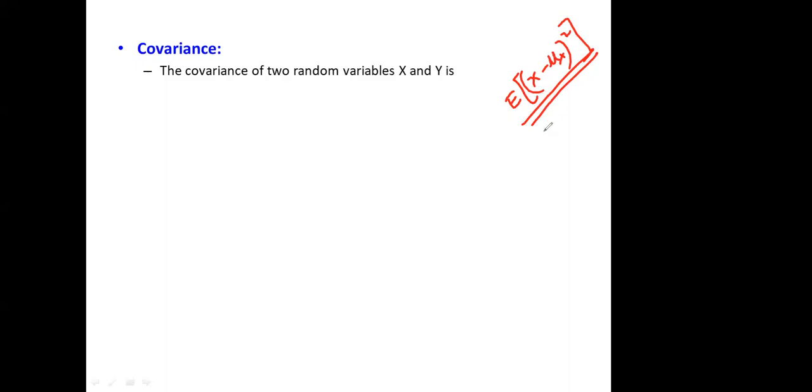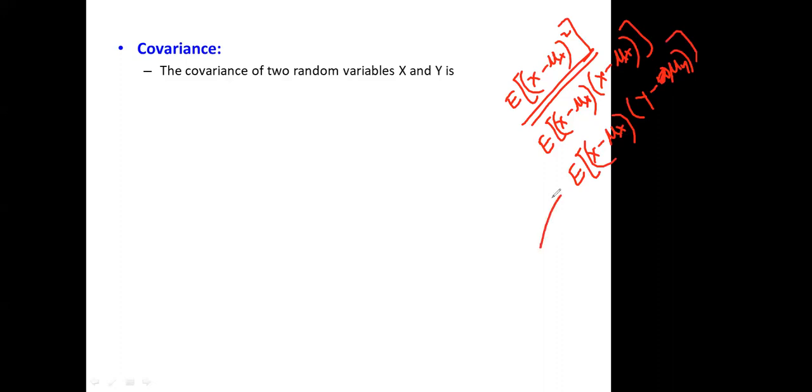But if I say E of x minus mu x into y minus mu y, then that will be called covariance.